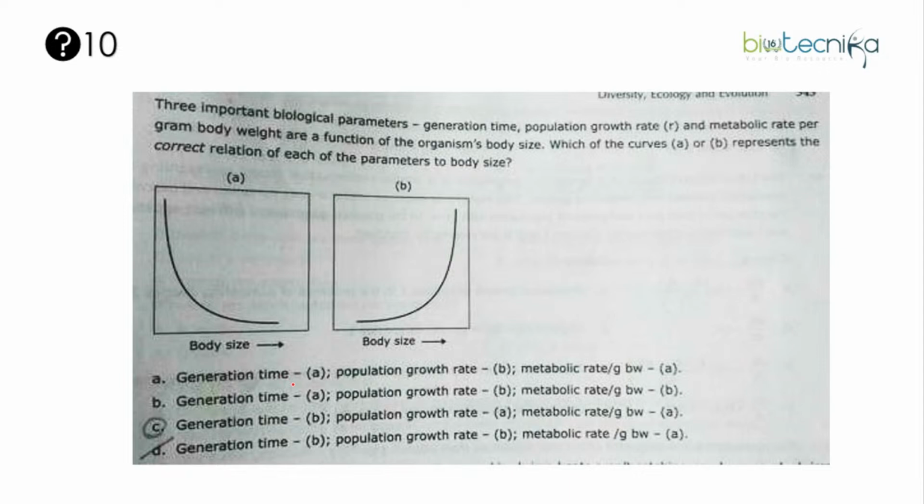So another question. Three important biological parameters: generation time, population growth rate, and metabolic rate per gram body weight are a function of the organism's body size. Which of the curve A or B represents the correct relation of each of the parameters to body size?